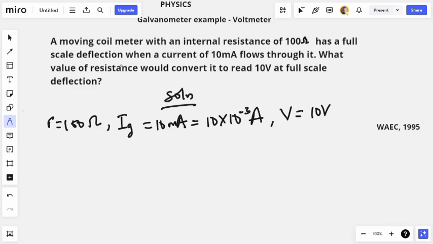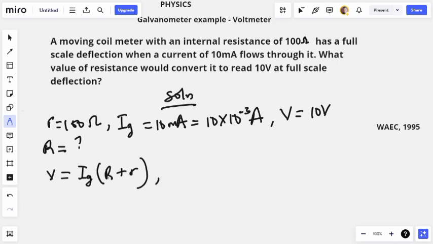So, what are we to calculate now? The resistance that will convert it, that's the big resistance, or we call it multiplier. I mean the resistance that we're going to connect in series with the galvanometer so that it can read up to 10 volts. So now you recall that V, voltmeter reading, equals galvanometer current times, open bracket, multiplier resistance plus internal resistance of the galvanometer.